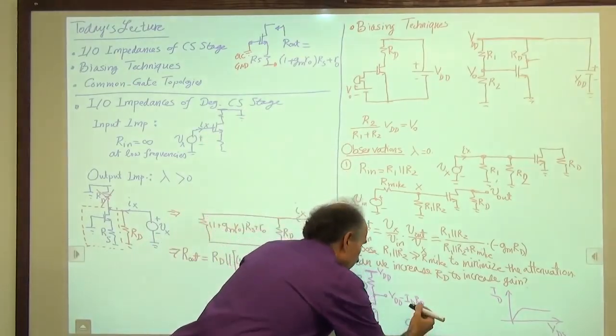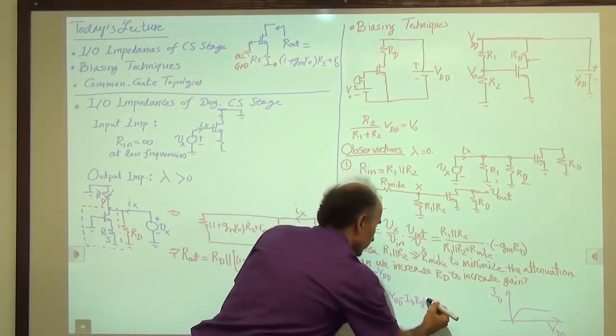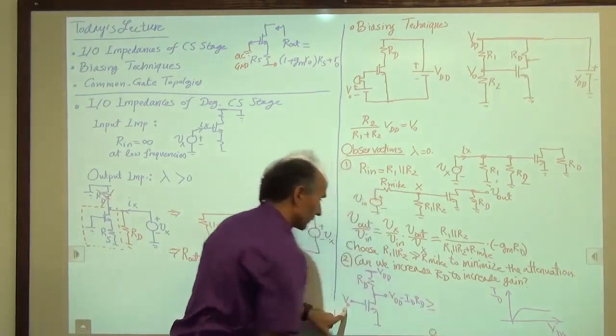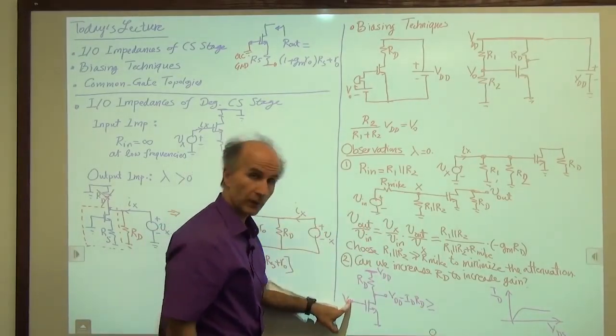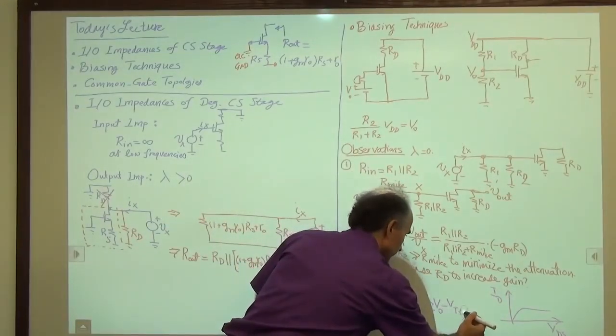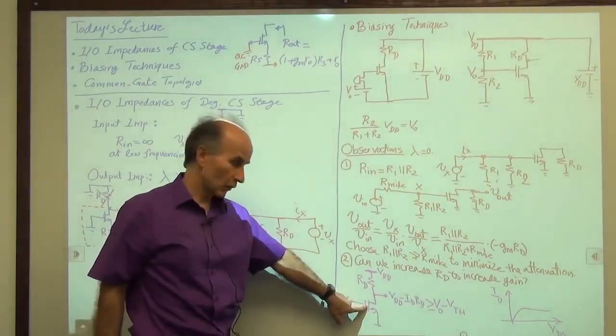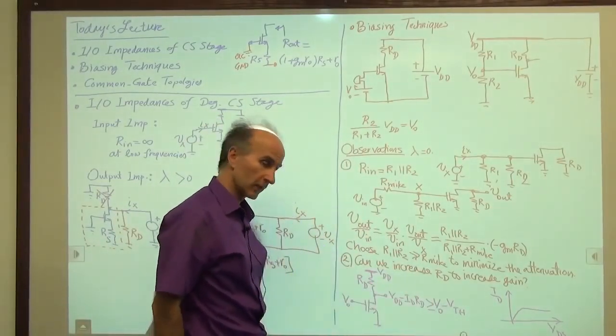So in this case, we can say that this voltage has to be greater than or equal to the gate voltage minus one threshold. That's the limit, V0 minus VTH, for the device to stay in saturation. So that readily tells us how much RD should be, right?